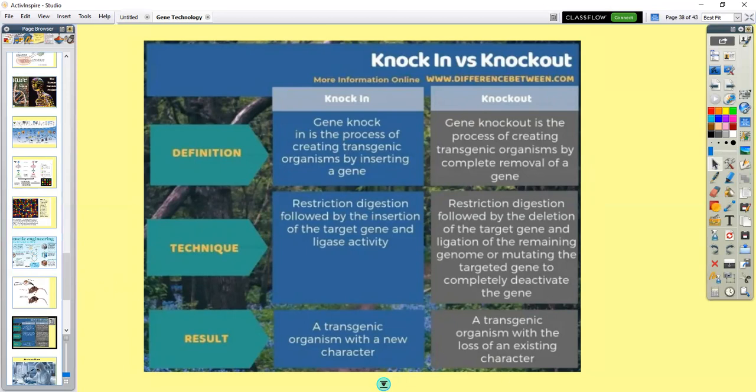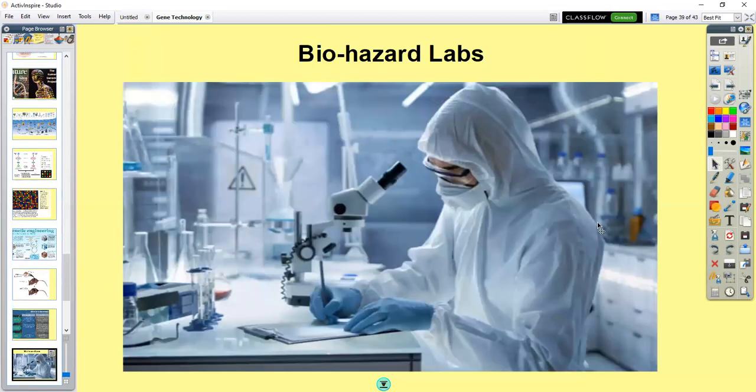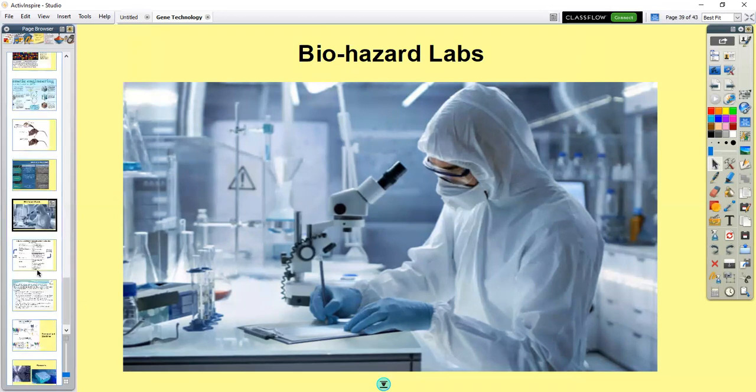Then they talk about these biohazard labs and why we need biohazard labs when carrying out genetic modifications. Obviously, if these genetically modified organisms get out of the lab, then that could cause problems in the wider community.